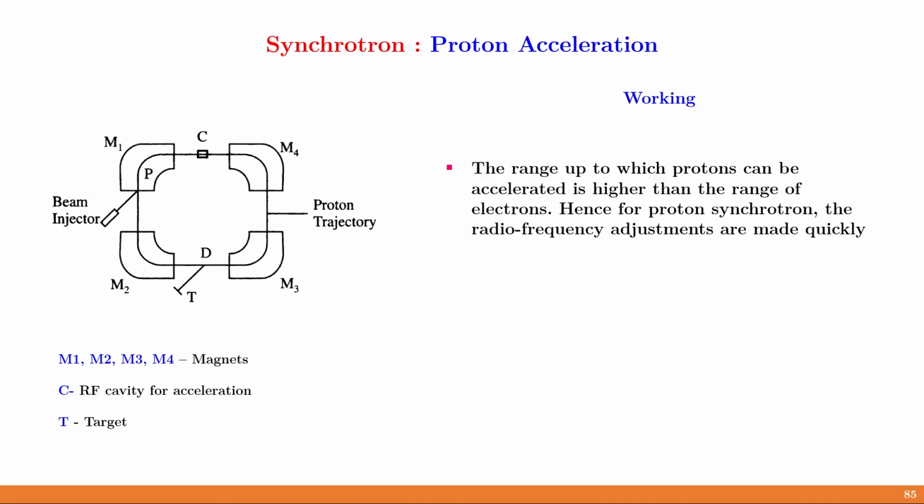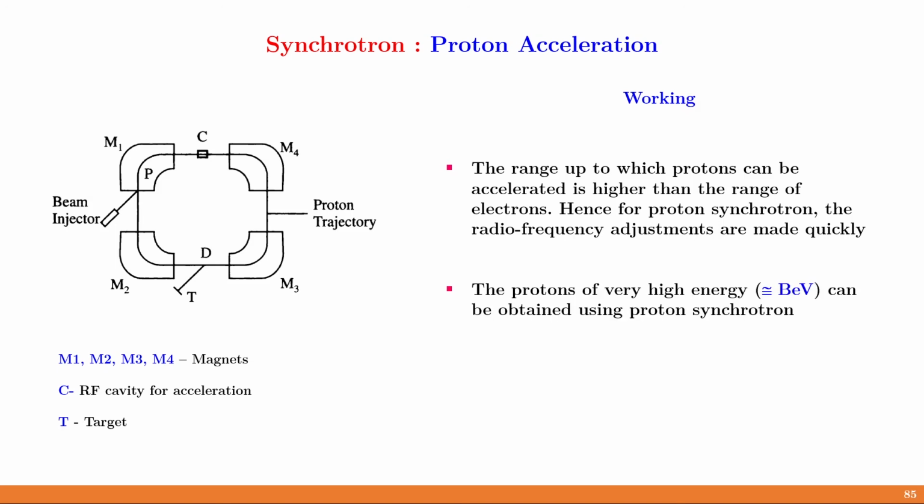The range up to which protons can be accelerated is higher than the range of electrons. Hence, for the proton synchrotron, the radio frequency adjustments are made quickly. Protons of very high energy, approximately billion electron volts, can be obtained using a proton synchrotron.